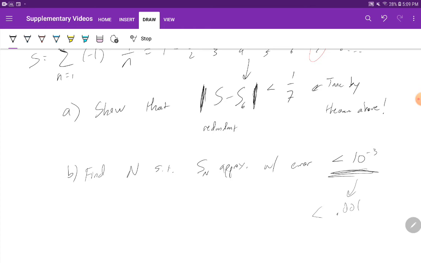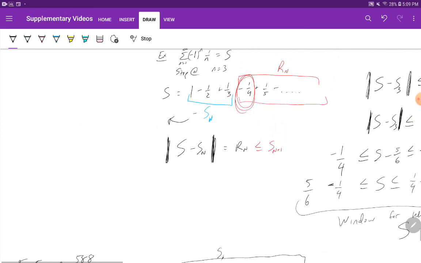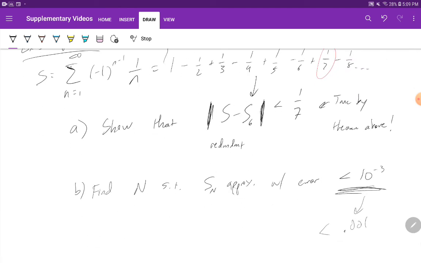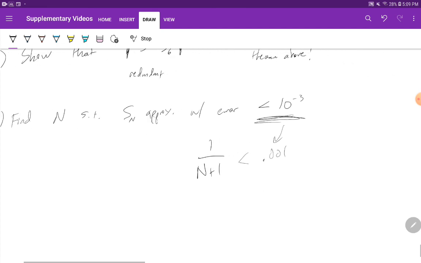So going back to the formula, we want this to be less than 0.001. We're going to take the n plus 1th term of our sequence. So we're looking at 1 over n, and we want the n plus 1th term to generate an error less than 0.001. From here it's just algebra. 0.001 is the same thing as 1 over 1,000.